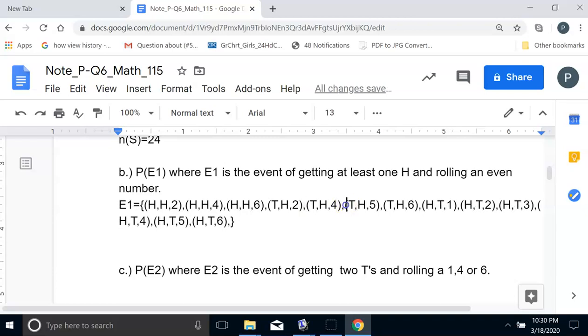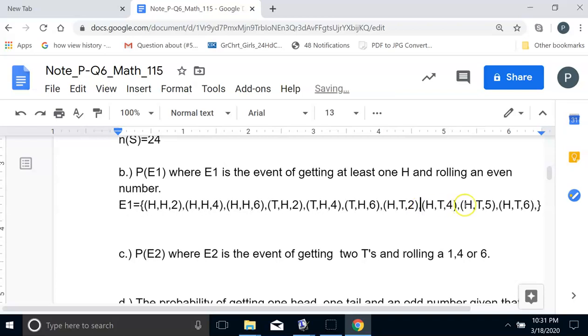And 4 is good, then take the 5 away. Next one, take the 1 away. Next one, take the 3 away, it's odd. Take the 5 away, odd. So we're left with these.